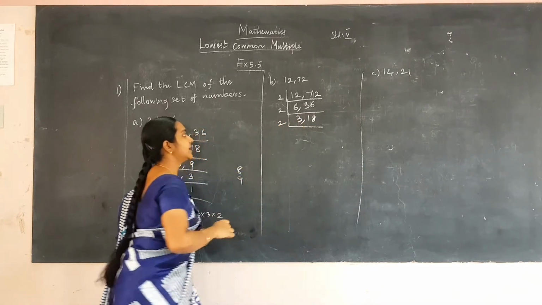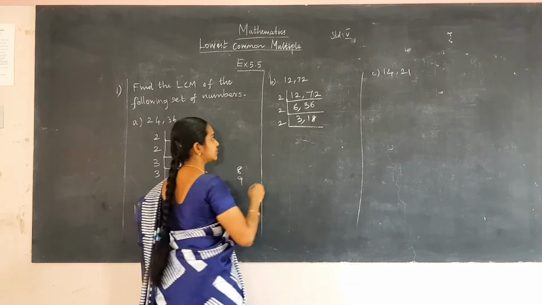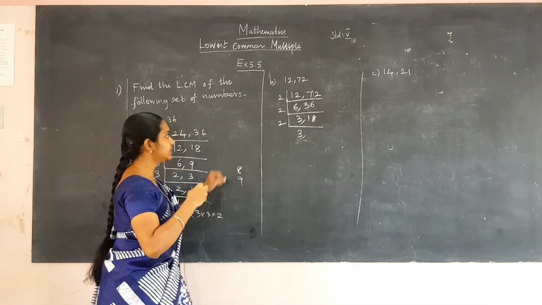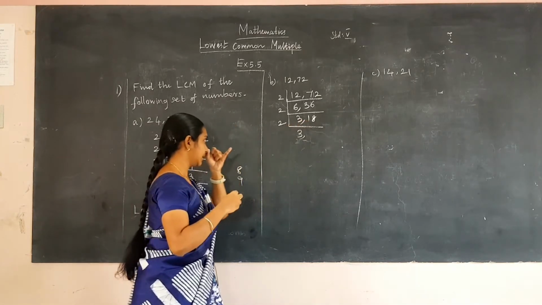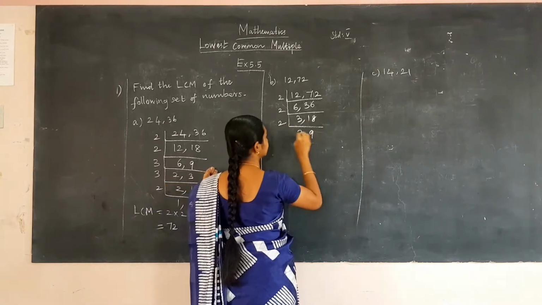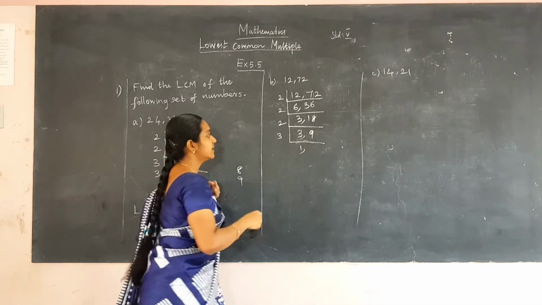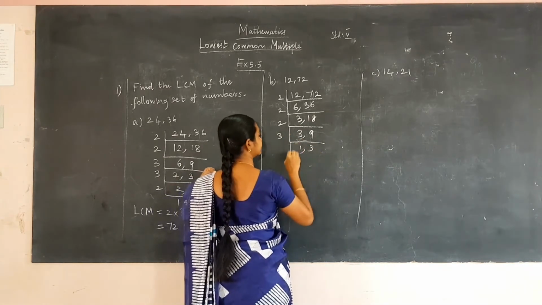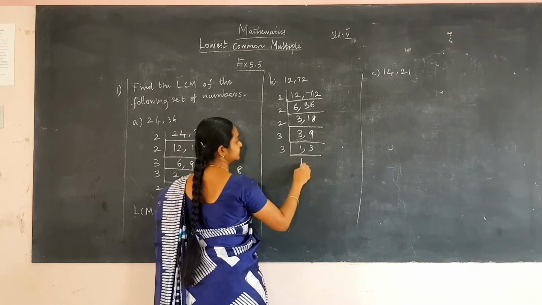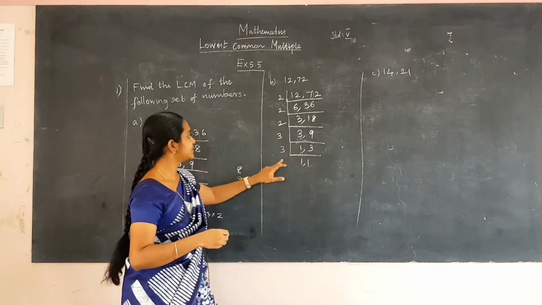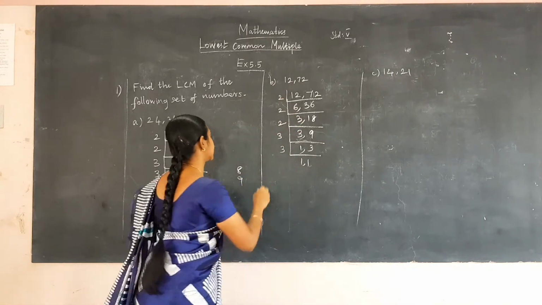Again divide it with number 2. We can't divide 3 with 2, so we have to keep 3 as it is. And now we are going to divide 2 with 18 alone. 9 2s are 18. Divide it with 3. 1 3 is 3. 3 3s are 9. Divide it with 3. 1 comma 1. We can stop with this. We have to multiply all these numbers.